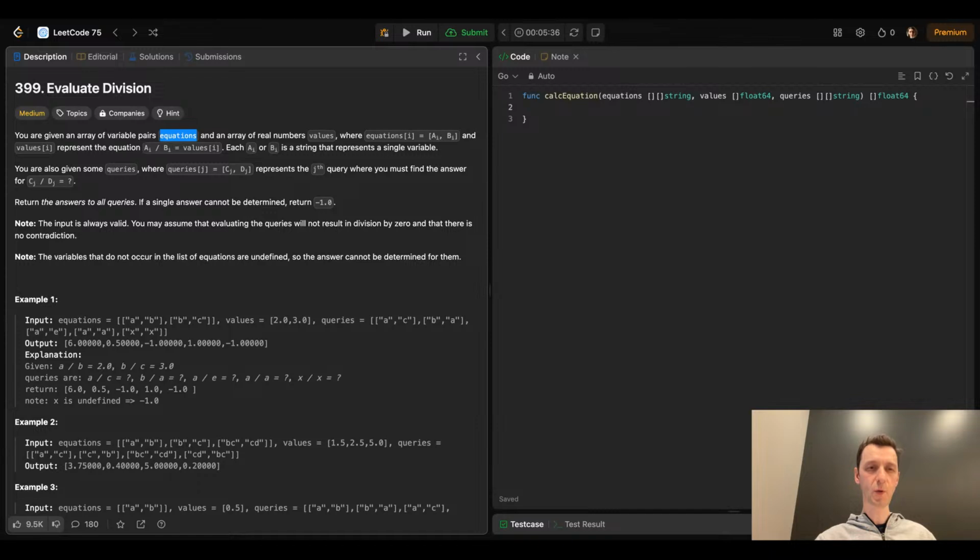So it's always the first variable divided by the next variable. A divided by B gives that value. And those values are floats.